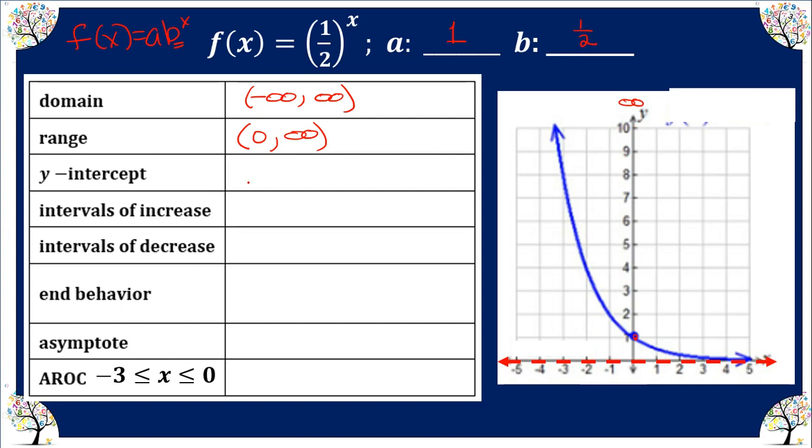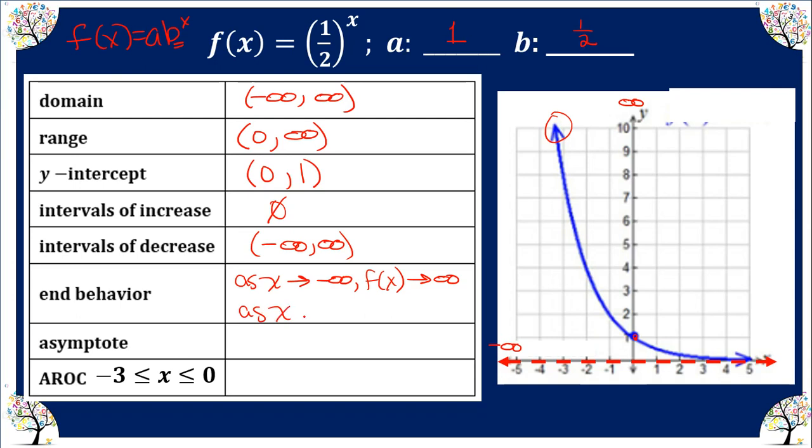But again, 0 is not included. My ordered pair for my y-intercept is 0, 1. My interval of increase, we have none. My interval of decrease is all real numbers. Now let's do end behavior. As x approaches negative infinity, so here's negative infinity, f of x, the end of the graph, approaches positive infinity.